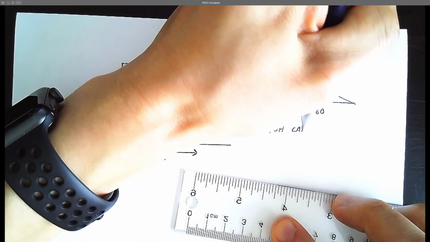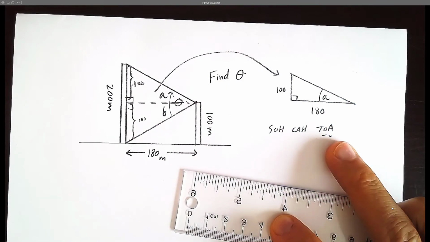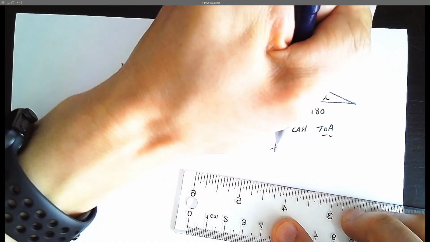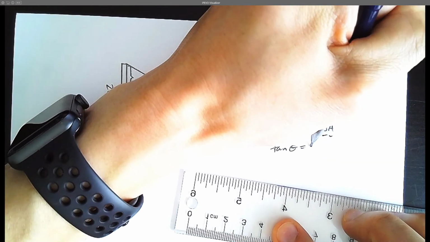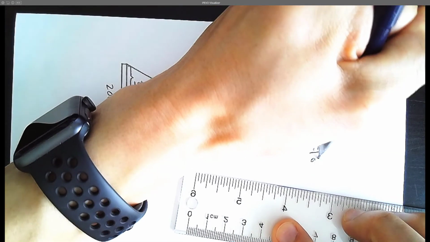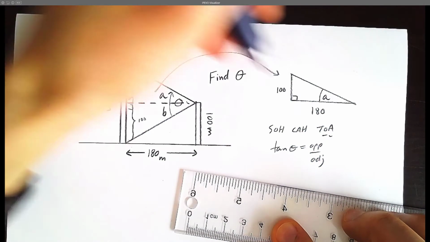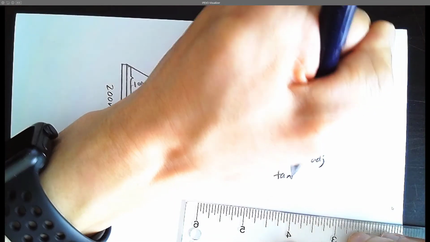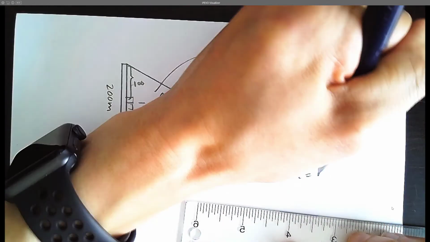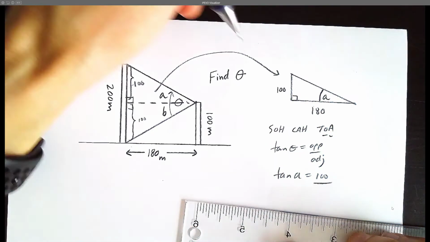SOH CAH TOA: opposite and adjacent means tan. Tan of the angle, tan theta, is equal to opposite over adjacent. But theta in this case is just angle A. So tan A is equal to opposite, which is 100, over adjacent, which is 180.